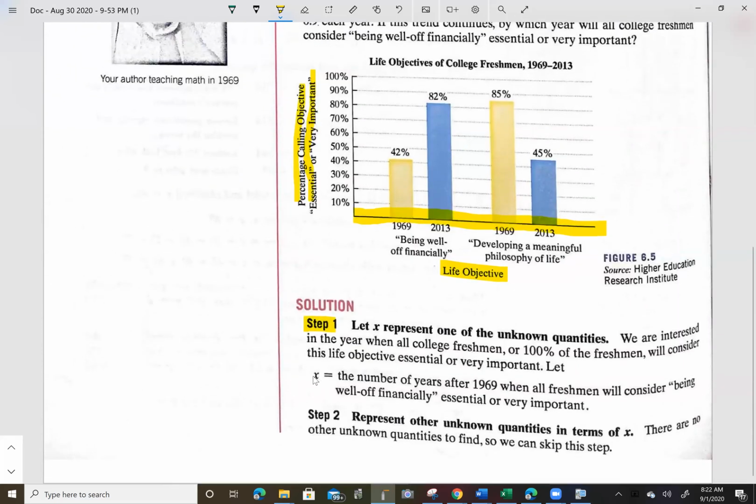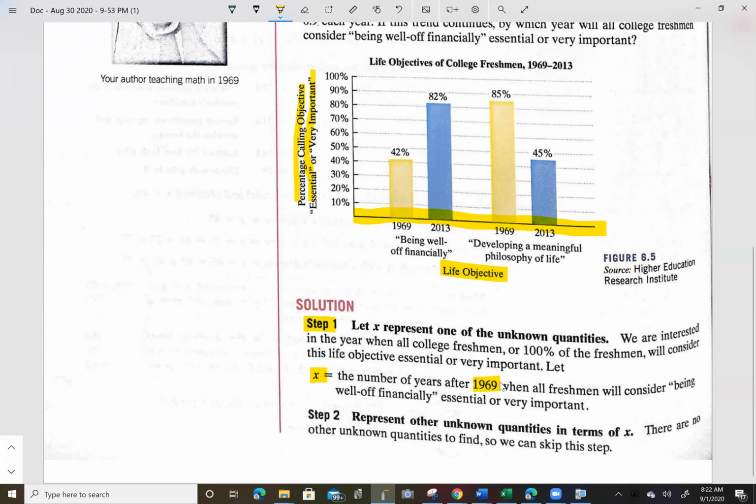So x obviously is going to represent the number of years, since years is on the x-axis. So the number of years after 1969, when all freshmen will consider being well off financially essential or very important, because everything is in terms of those people from 1969, right?